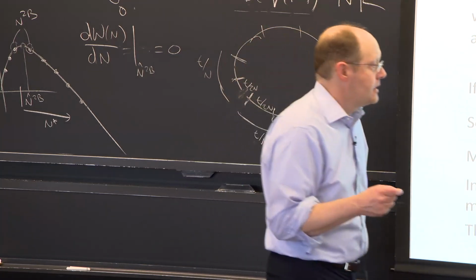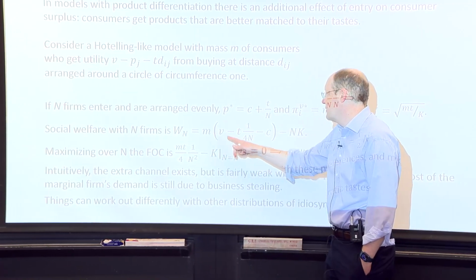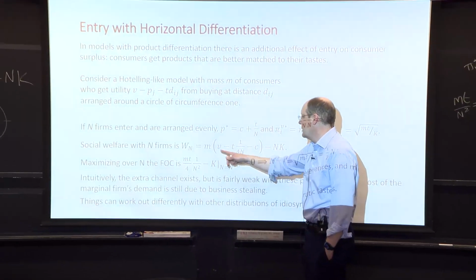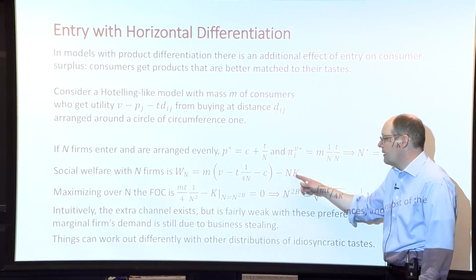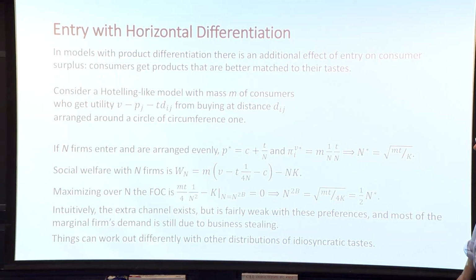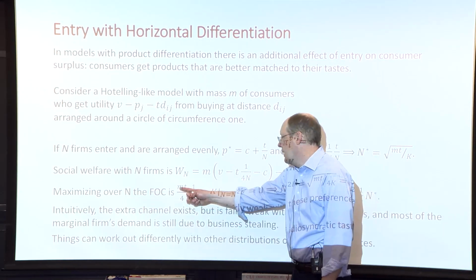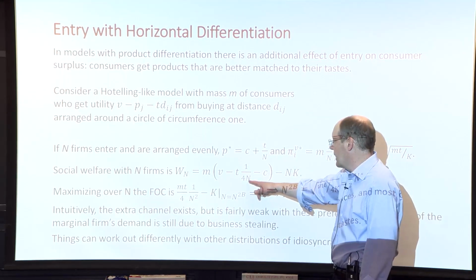Okay. Anyway, so in this model, total social welfare is m times v minus m times c minus m times T over 4n minus nk. Notice that m times (v minus c) is completely independent of n. In the Hotelling model, assuming v is large, everybody buys all the time. So what we get is differentiating this with respect to n.